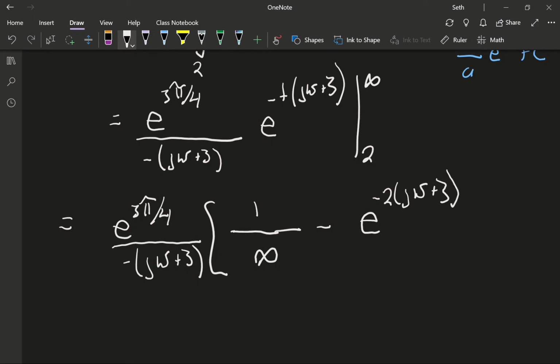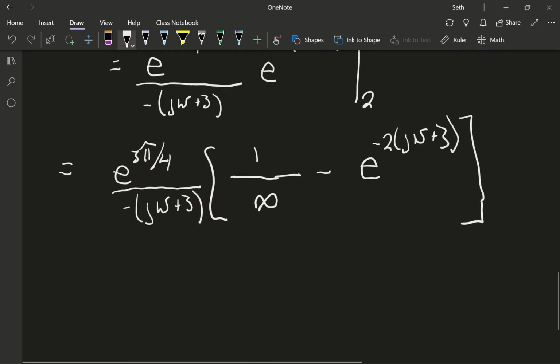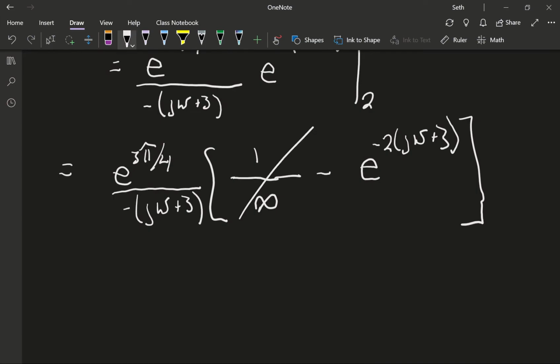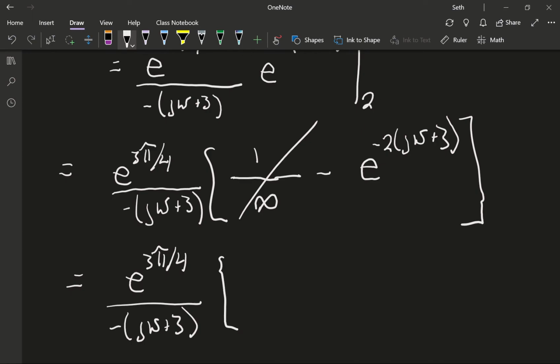We kept it in the numerator this time because it doesn't evaluate to infinity. Okay, so this is 0. Negatives cancel.